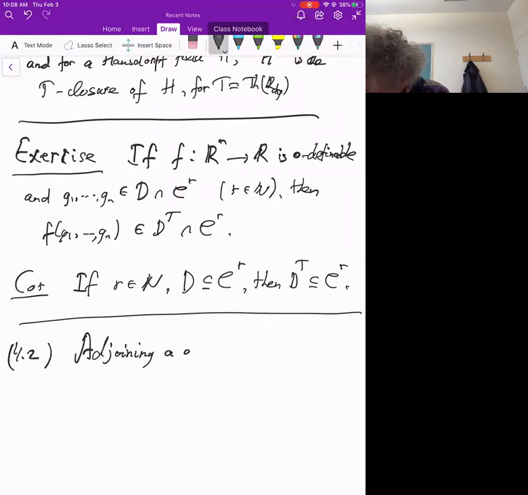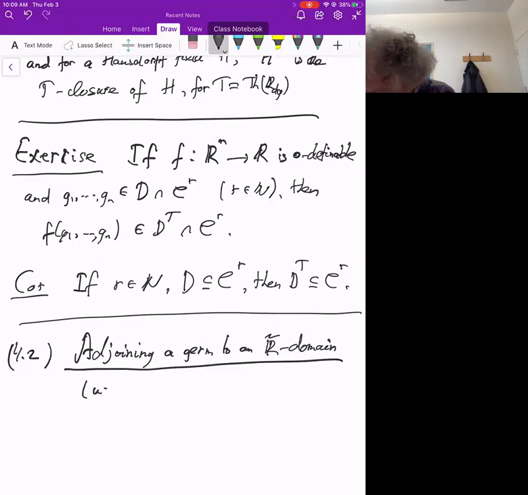Adjoining a new germ to an R tilde domain, and this uses a little bit of model theory. I mean, the previous argument you could say is also model theory, but it's just the definitions, and there is really no serious model theoretic argument involved. But here we use model theory slightly more seriously.